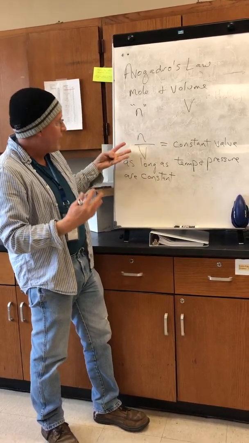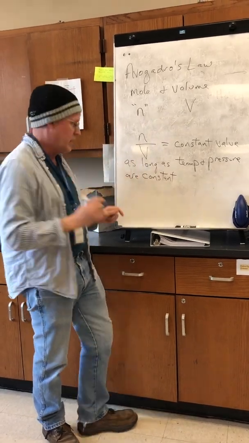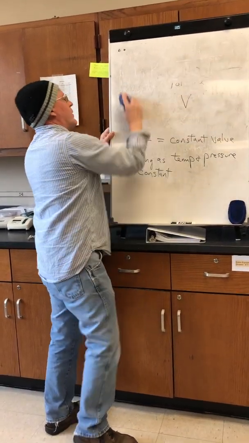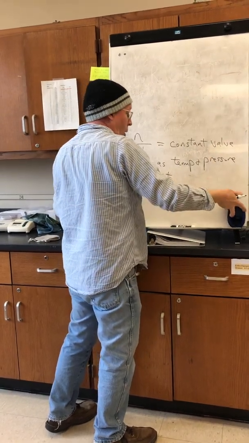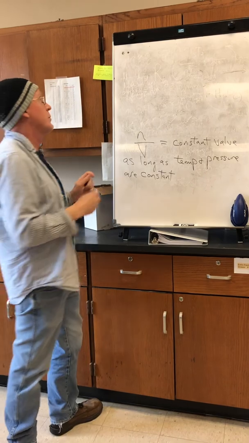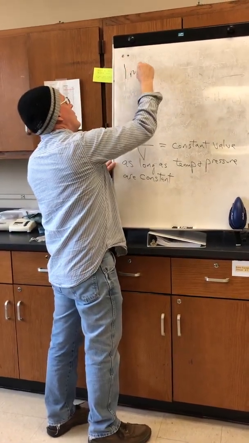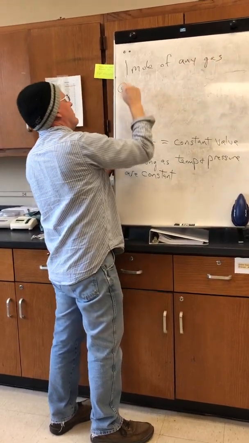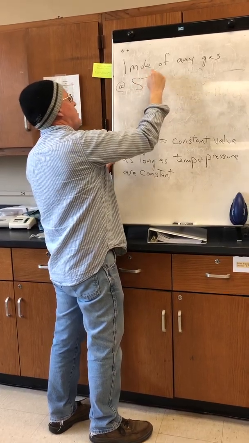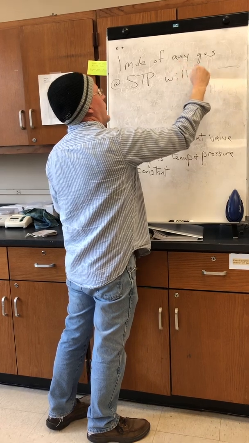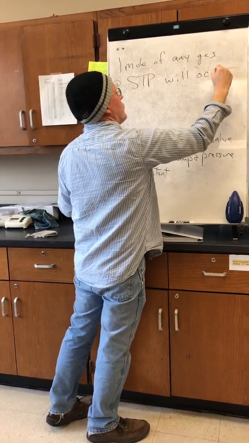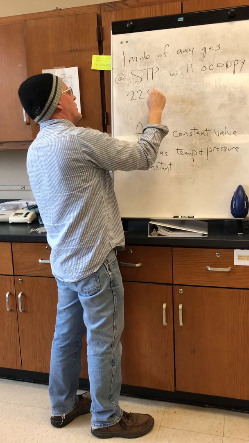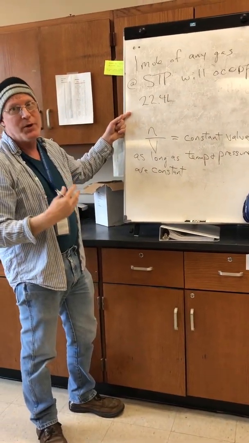And what Avogadro found is that regardless of what the gas was, and hopefully you're going to get this as your experimental result, 1 mole of any gas at something called STP is going to occupy 22.4 liters, and this is hopefully what you're going to find out in lab.